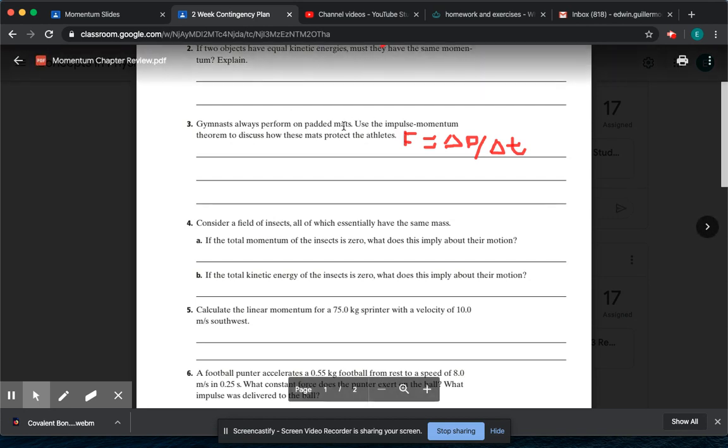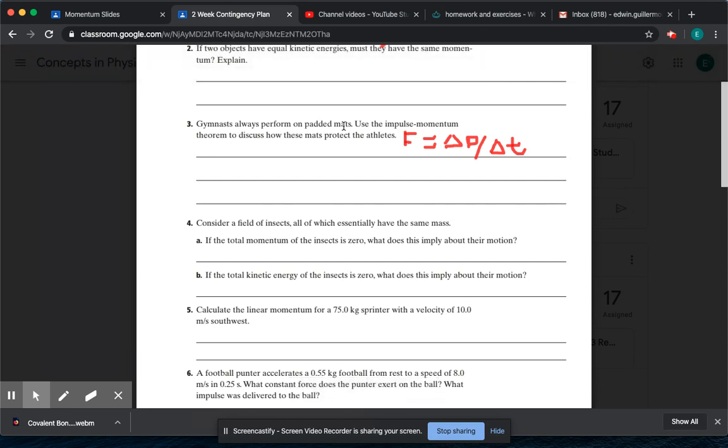So what do the padded mats do? They increase the slowdown period. As the gymnast falls into the mat, it's squishy, like a pillow. It can be compressed. That compression slows down the gymnast over a longer amount of time.